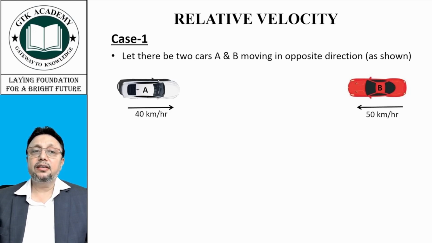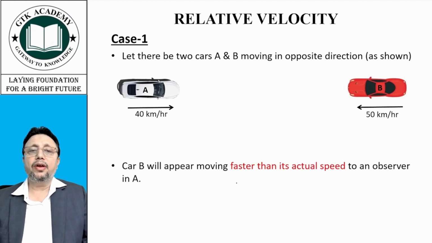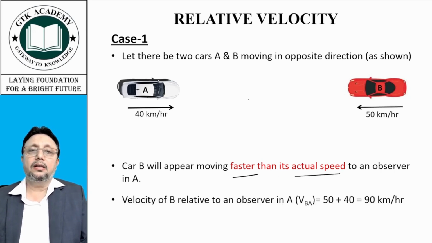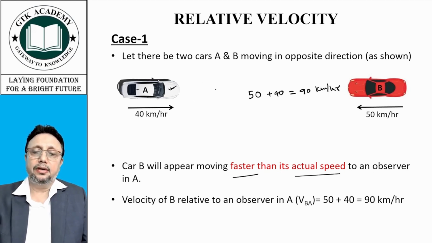Definitely you must have guessed it right, that B will appear to come with higher speed. So car B will appear moving faster than its actual speed, and the velocity of B will be 50 plus 40, that is 90 km per hour to an observer who is in car A, because car A is also moving towards B.